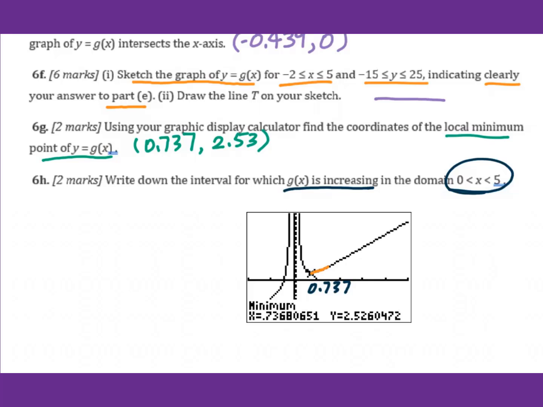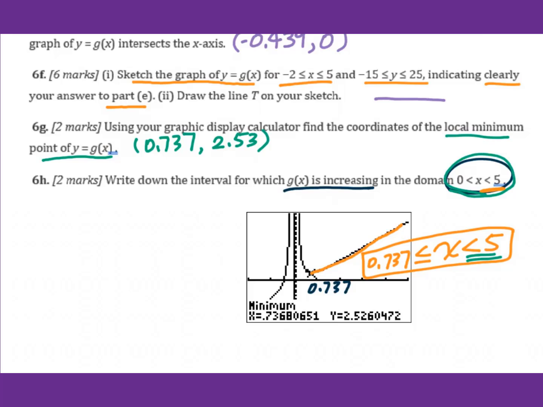The increasing part will be here, which means when x is greater than or equal to 0.737. But remember, we need x less than 5. This will be the solution to 6h. A lot of students will forget this less than 5, so when you do the IB exam, pay more attention to the given domain.